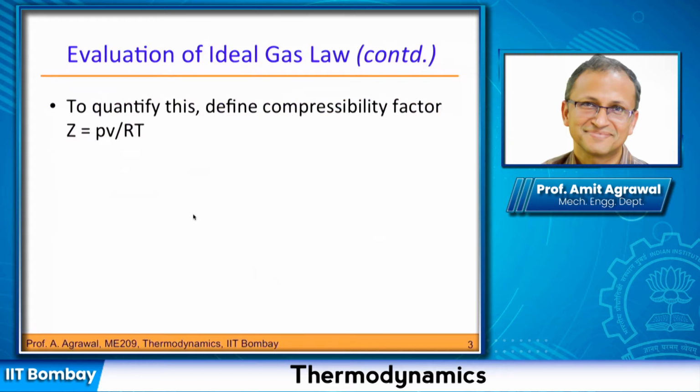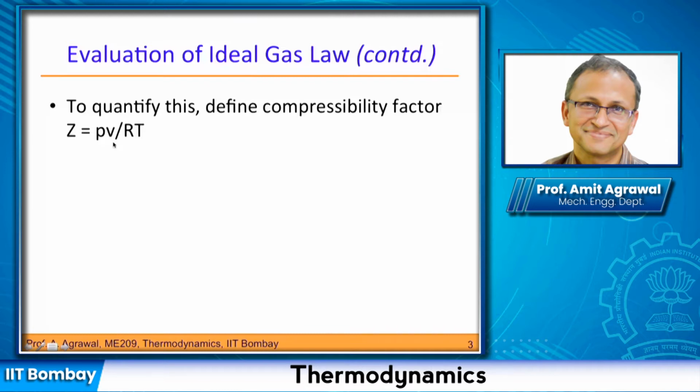So what we will do now is define a parameter which is going to quantify how much deviation from the ideal gas law is happening. We are going to define a parameter which is the compressibility factor, Z, which is essentially PV upon RT.